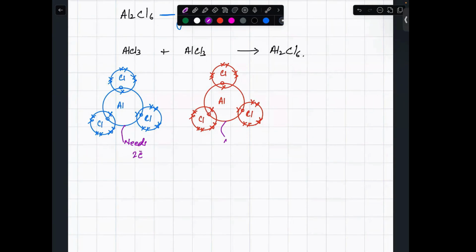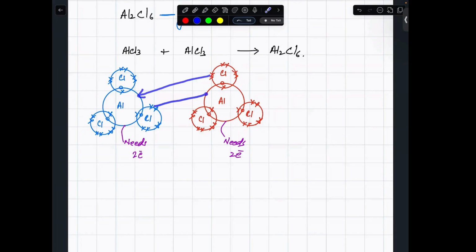This also needs 2 electrons. So you know what they do? The chlorine of this chlorine makes a dative bond with this aluminium, and this will make a dative bond with this.